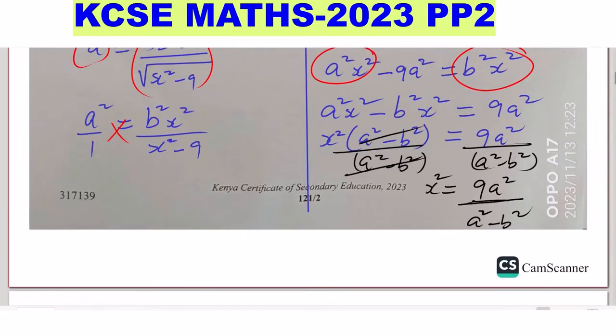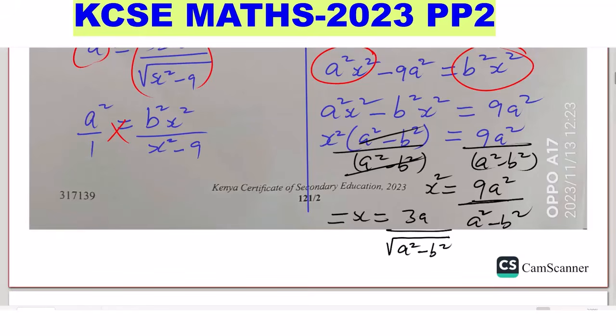Still, we have not obtained the answer. To get x, you have x squared, now you need x, you get the square root of both sides. So therefore x will be given by, when you get the square root of the numerator, square root of 9a squared will be 3a. Then the square root of the denominator, cannot get the exact square root there, so you leave it like that.